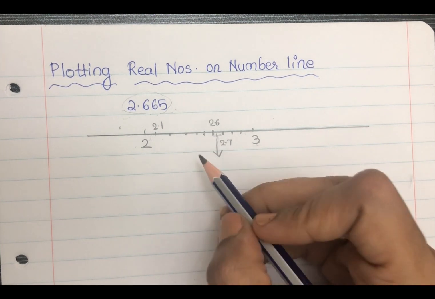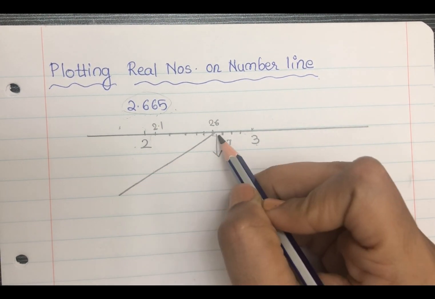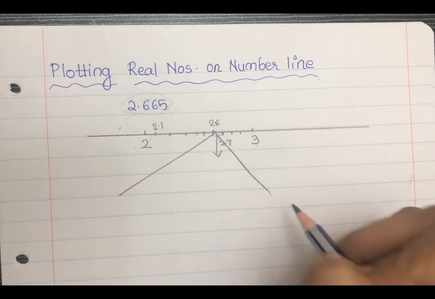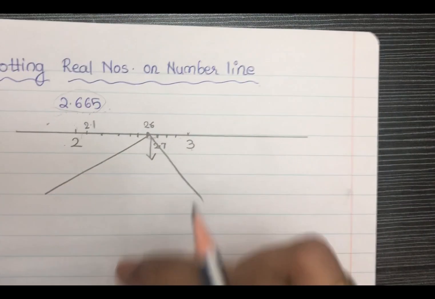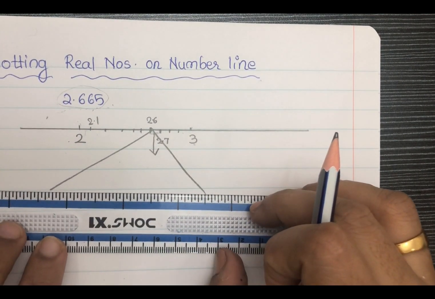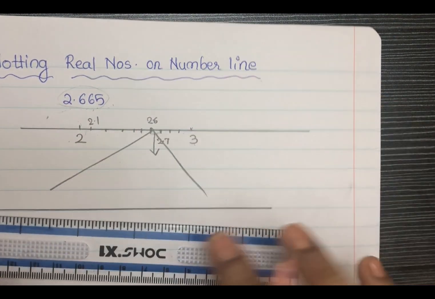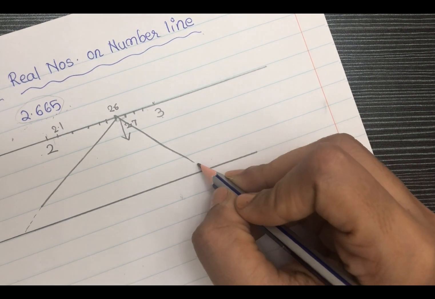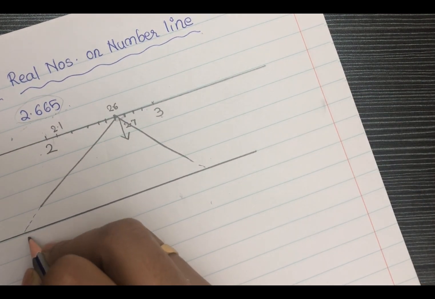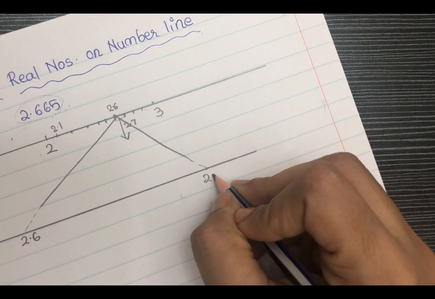So again we'll plot this interval onto another number line. So this is 2.6 and this is 2.7.